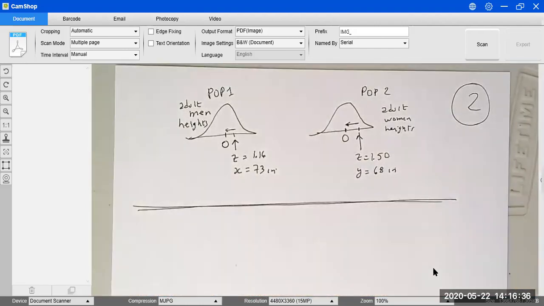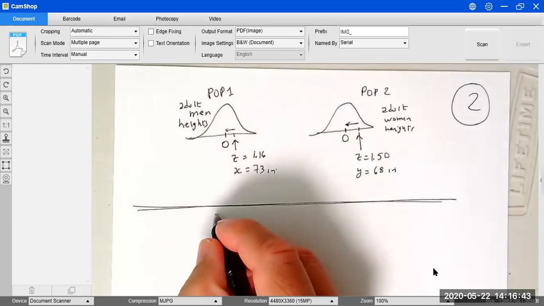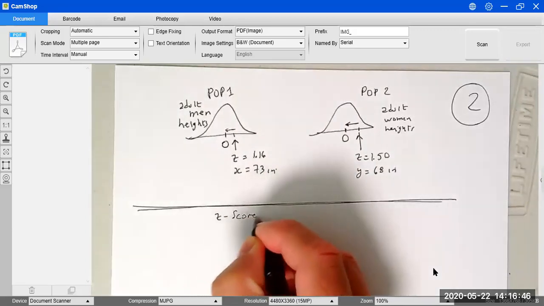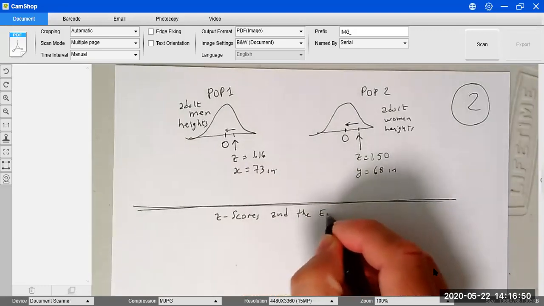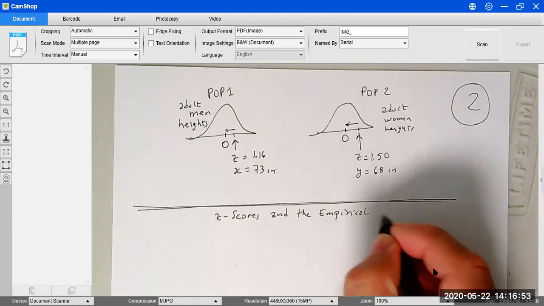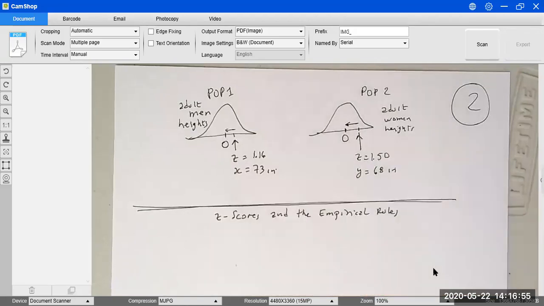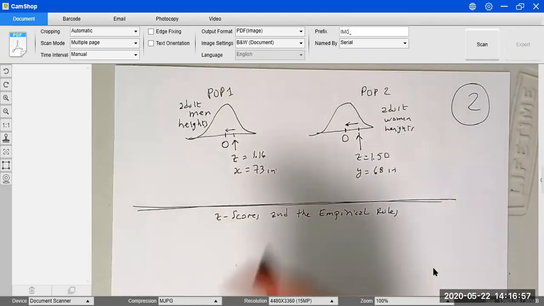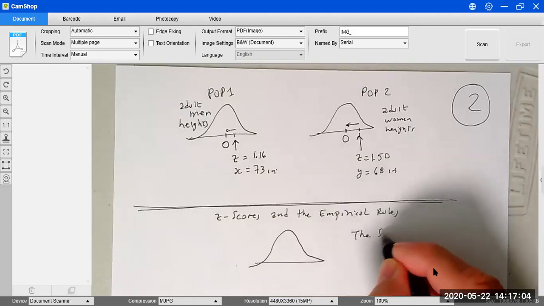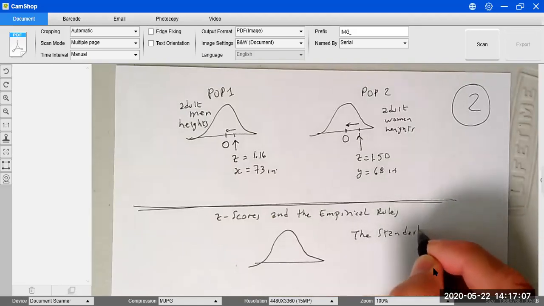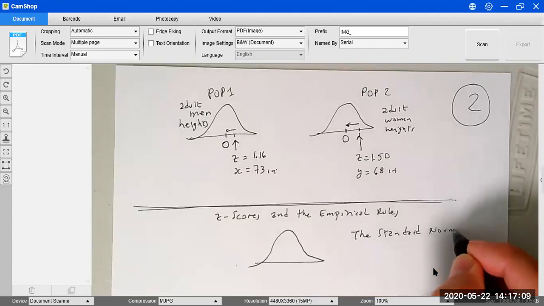In your book you're going to get some empirical rules. Looking again at these curves, remember this is the standard normal distribution.